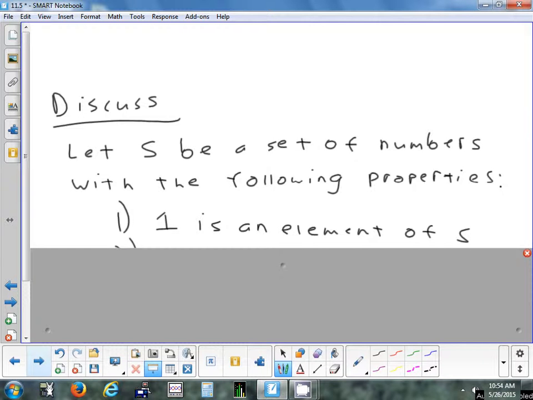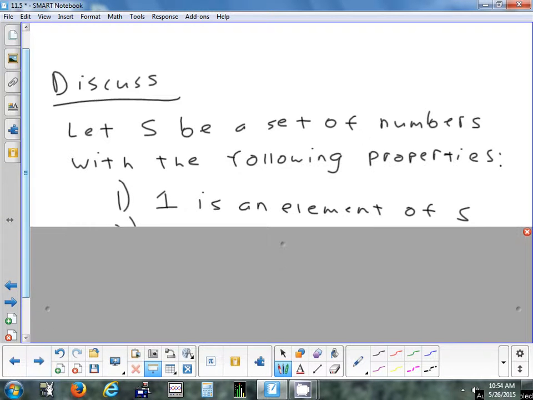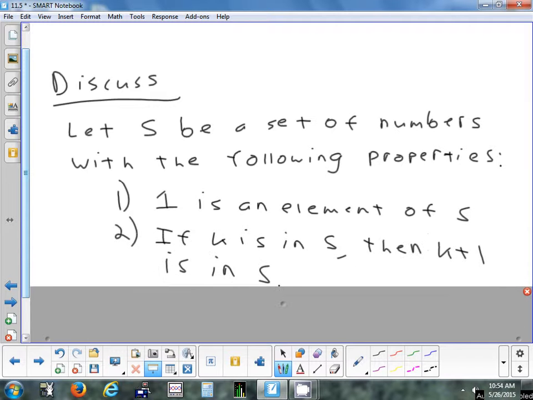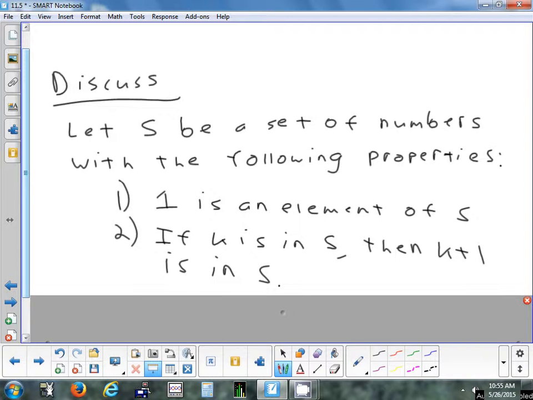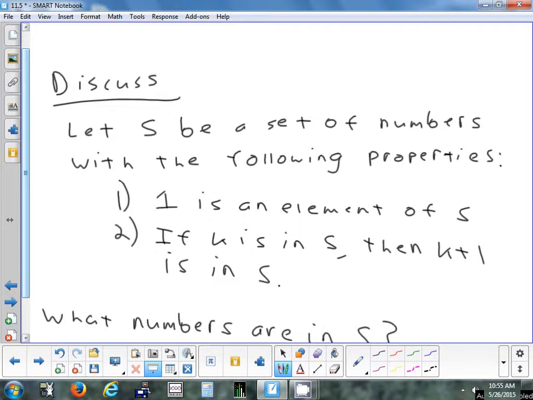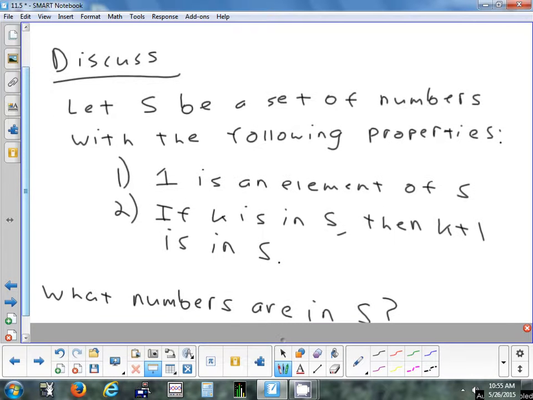Okay, the number 1 is in the set. The second property I'm going to tell you is that if k is in the set, then k plus 1 is in the set. Right, so together we can put those 2 facts together and figure out what numbers are really in this set.